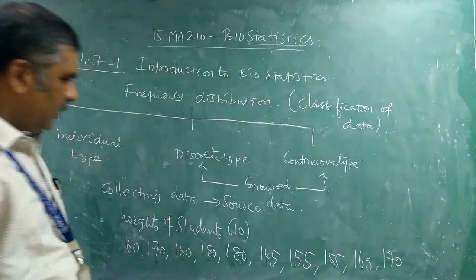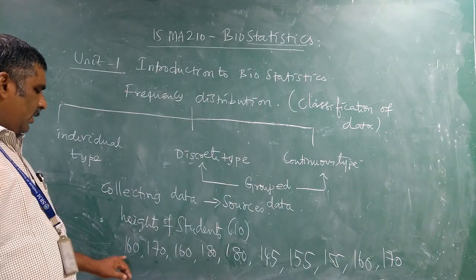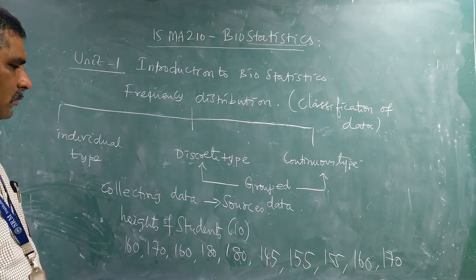So here I am writing the heights of the 10 students; it is called individual type data.